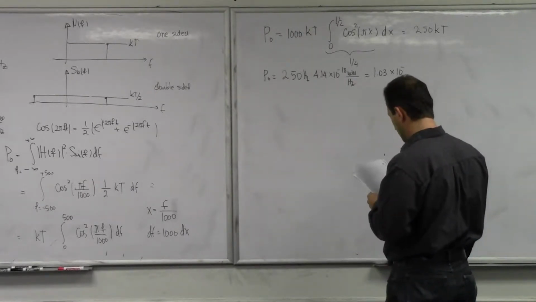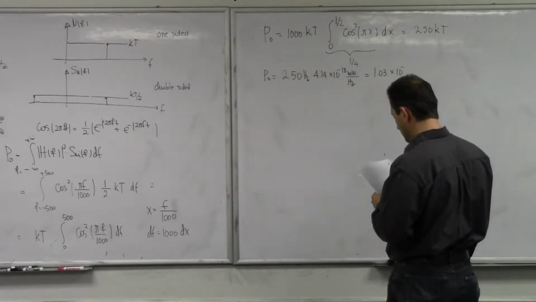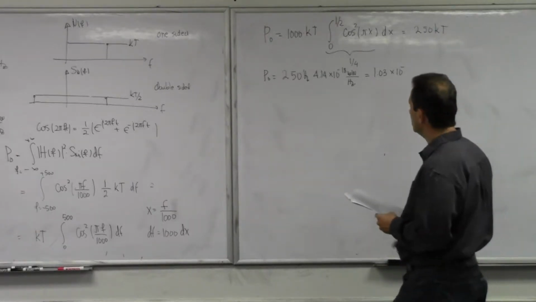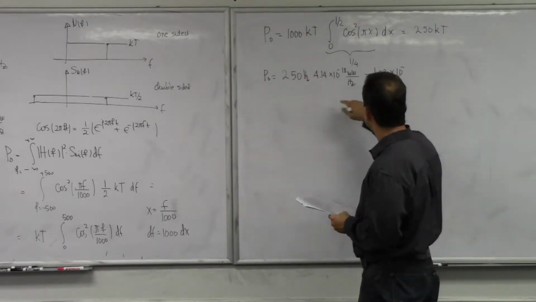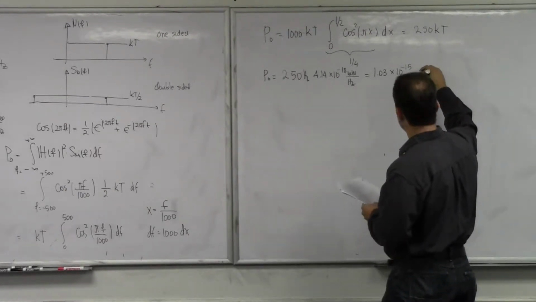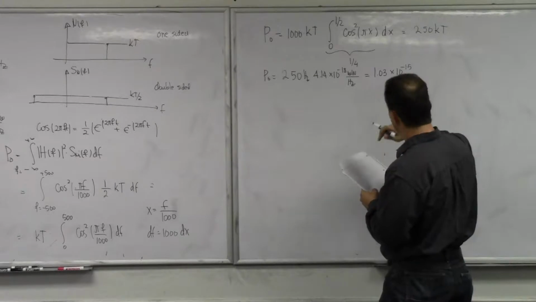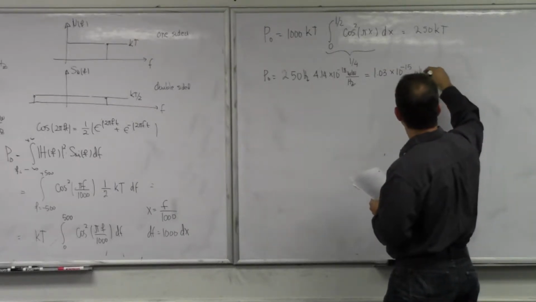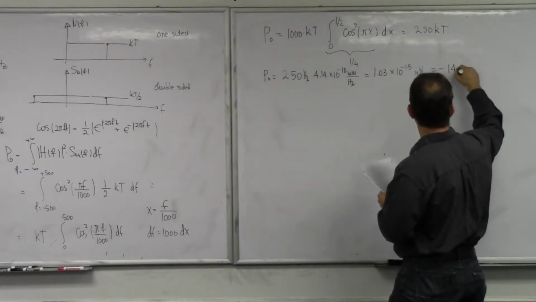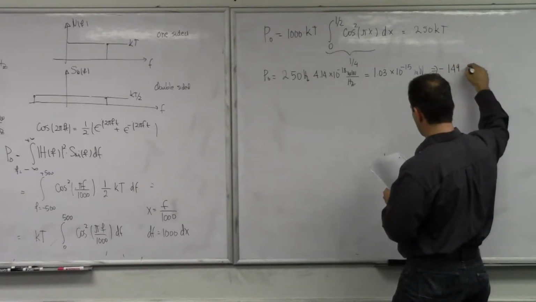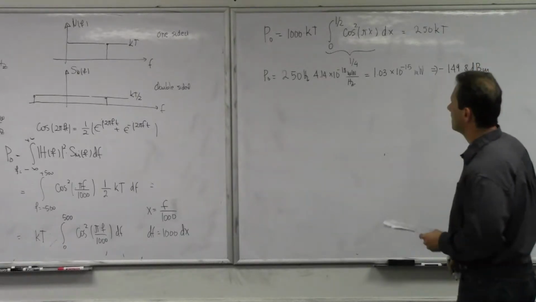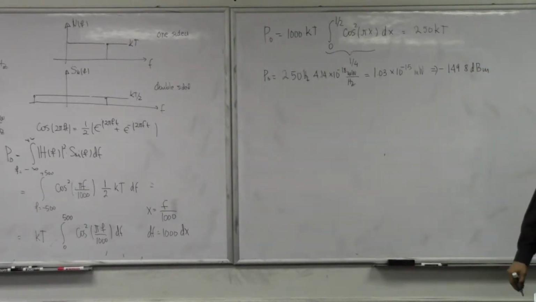This doesn't seem right. Let's say 250 times 4, it's 1000, so 50. Okay, so the intermediate is not correct, but this one is correct. So that's the output power of this.